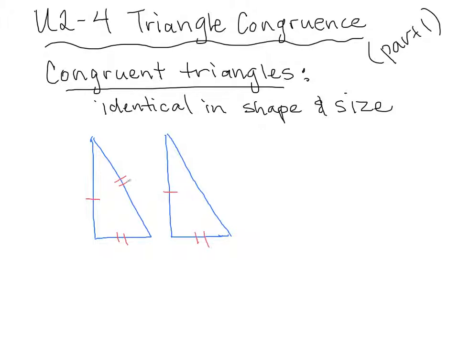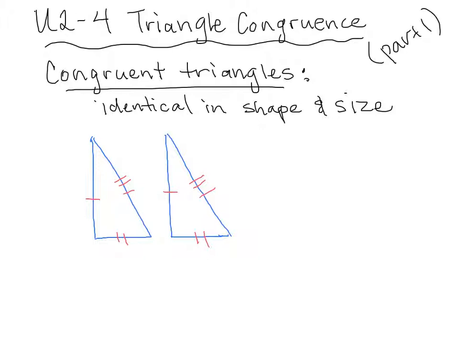And this longer side on the right is congruent to this one. Notice I used different markings: a single mark, a double mark, and a triple mark to show which sides were the congruent ones in each triangle.